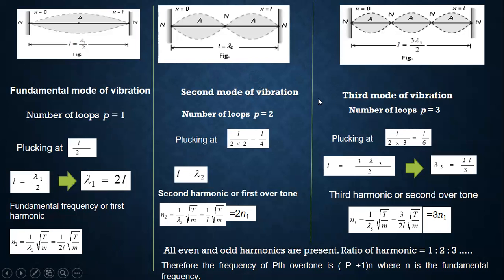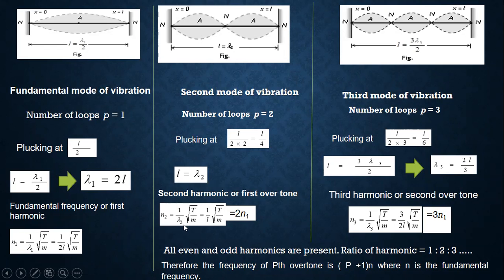Now for the second mode of vibration, the number of loops is 2. Here the length of the string is equal to λ2, because the distance between these two nodes is λ/2 and between these two nodes is λ/2. λ/2 plus λ/2 is λ, so this length we call λ2. The frequency of vibration n2 = v/λ2.